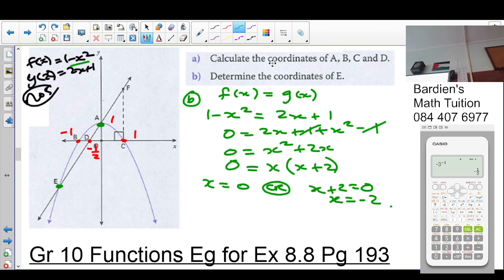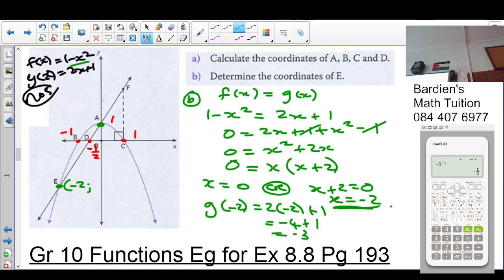So, how do we get the corresponding y value of E? Substitute negative 2 either into the straight line or the parabola, it doesn't matter, they are equivalent. So g of negative 2 is going to be 2 times negative 2 plus 1, which is negative 4 plus 1, which is negative 3.